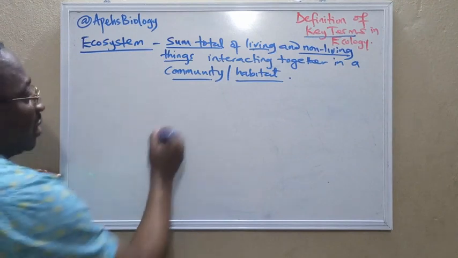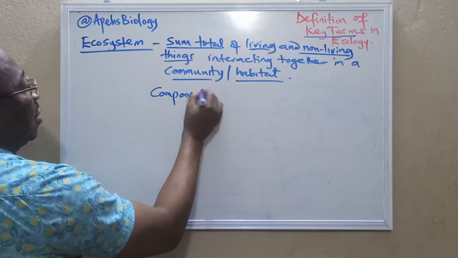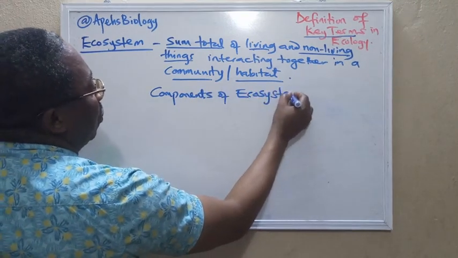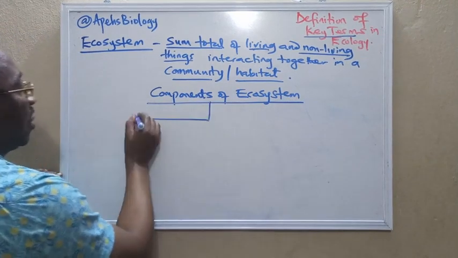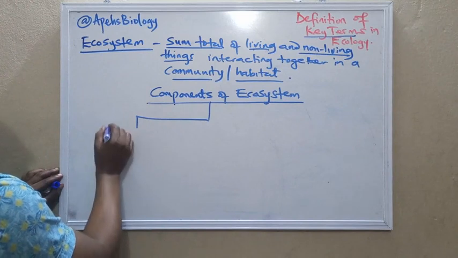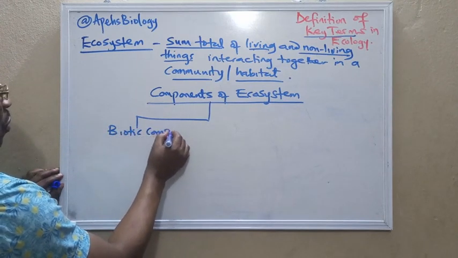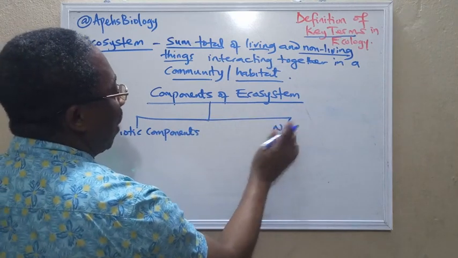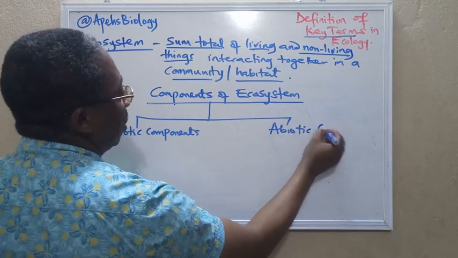So for simplicity, we're going to look at the components of ecosystem. Take note that the components of ecosystem, for simplicity, we can break into biotic components, which are living components, and abiotic components.